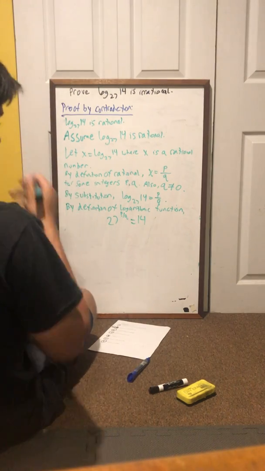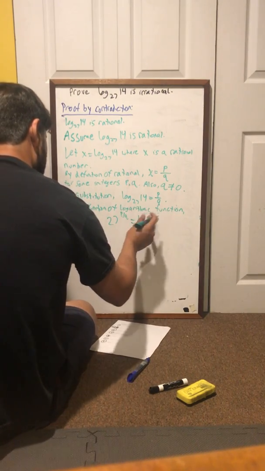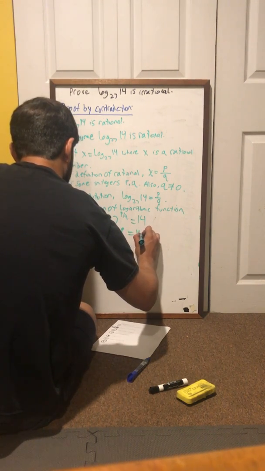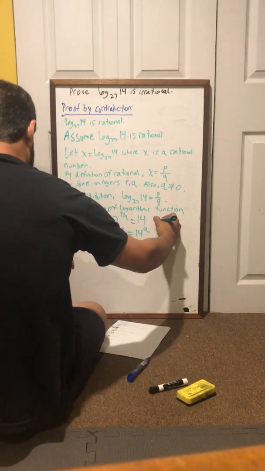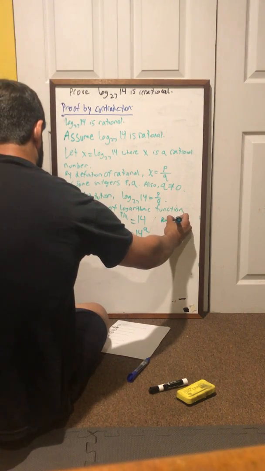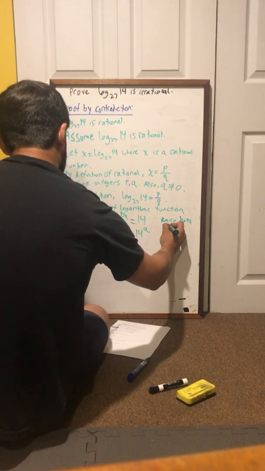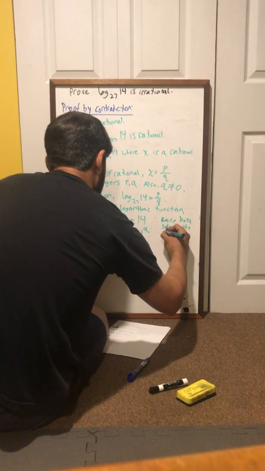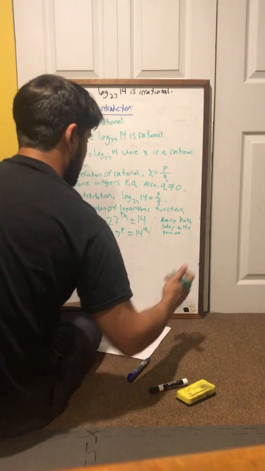And then multiplying both sides by the power of q, we get 27 to the p equals 14 to the q. So raise both sides to the power of q.